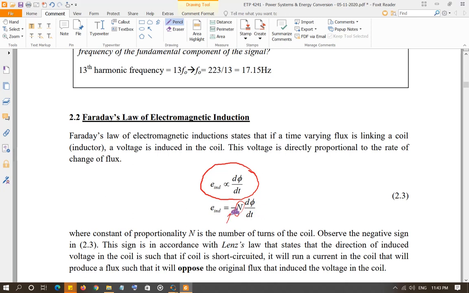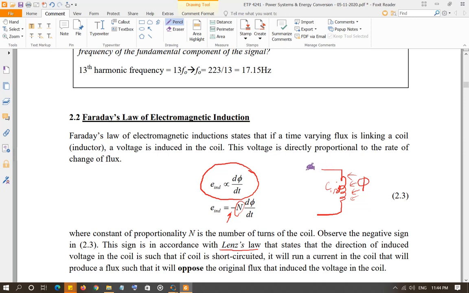This negative sign is in accordance with Lenz's law. What it says is, if you have a coil and a flux that is linking with the coil, a voltage is going to be induced in the coil.